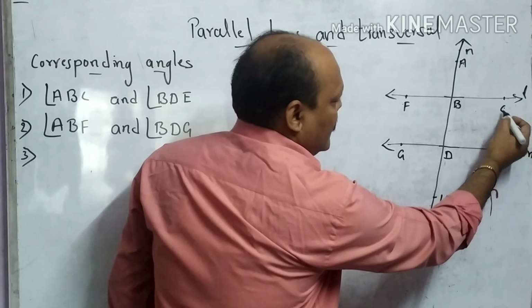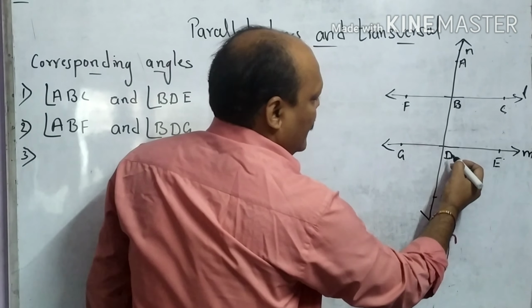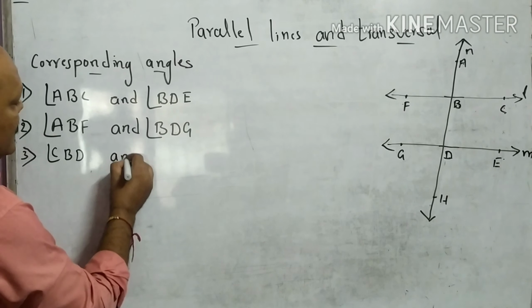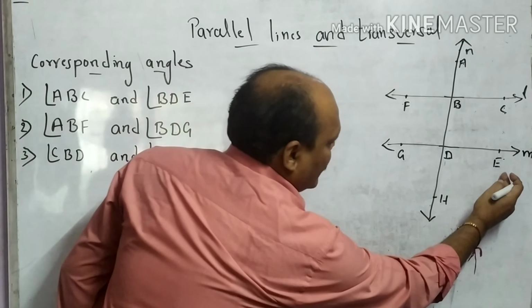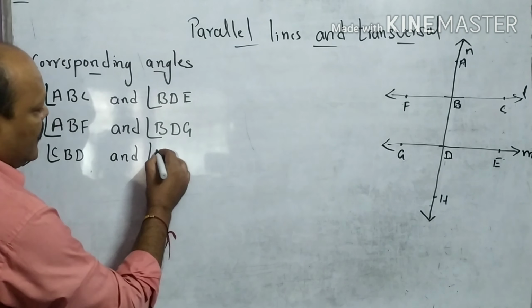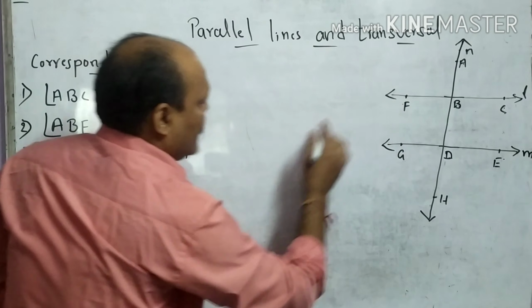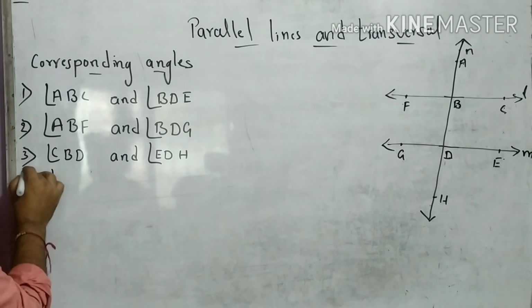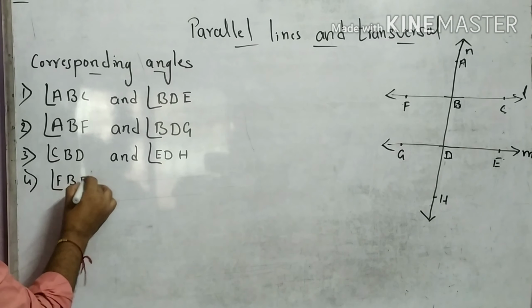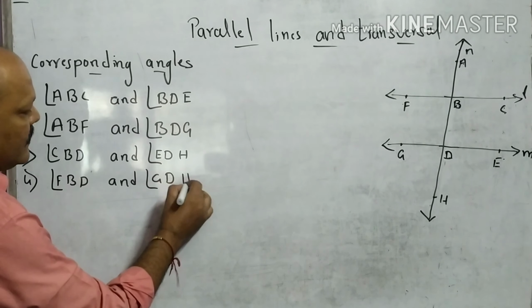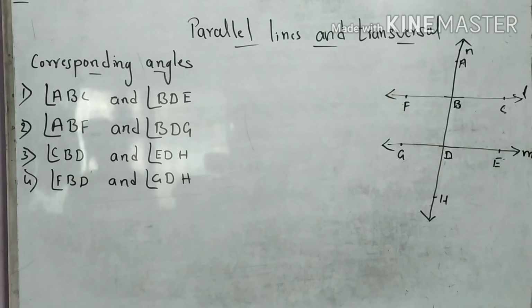That is angle CBD. The corresponding angle is EDH. Same with this side: angle FBD and angle GDH. These are the four pairs of corresponding angles.